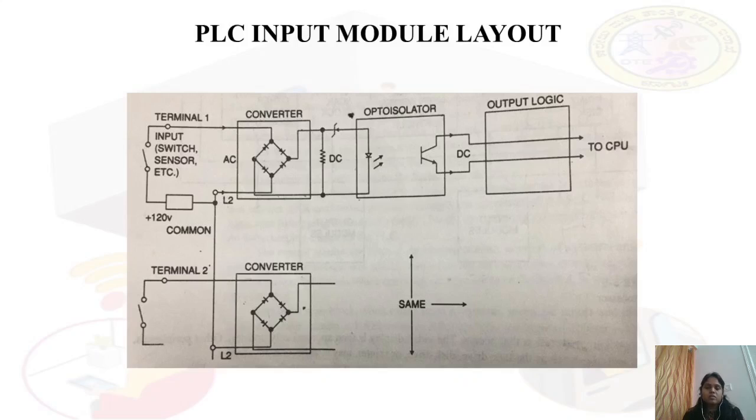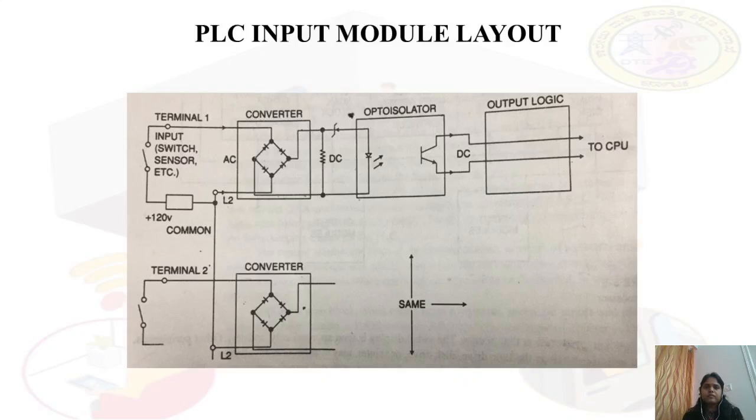Then the CPU will fetch the input variables from the input image file and process them according to the program you have written in your programming device. Then that is written to your output image file by the CPU. Then your output module will actuate the variables according to the instructions the CPU has given.